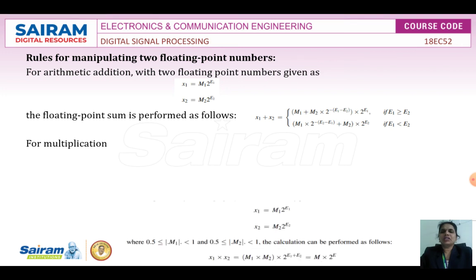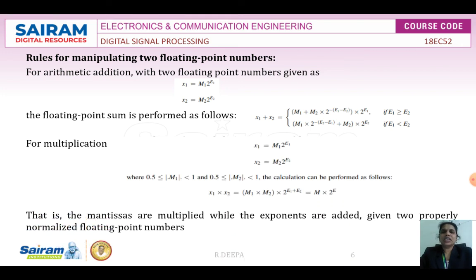Similarly for multiplication, consider any two numbers x1 and x2. Here the calculation is based on m1 and m2, whereas for the addition it was based on e1 and e2. Suppose m1 and m2 are in the range of 0.5 to 1, the product is obtained by multiplying the mantissas and adding the exponents.